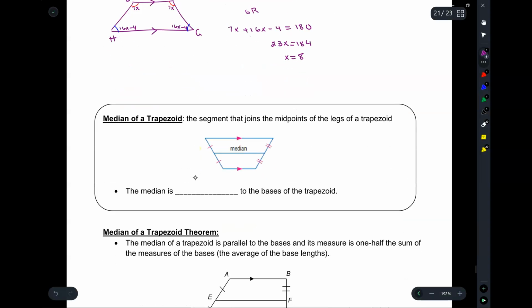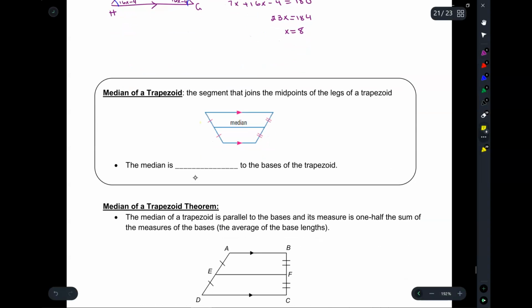Okay, next. Let's talk about the median of a trapezoid. Okay, the median is a segment that joins the midpoints of the legs of the trapezoid. That means you take a trapezoid, you take one of the legs, and you find the midpoint. Now you go to the other leg and you find the midpoint.